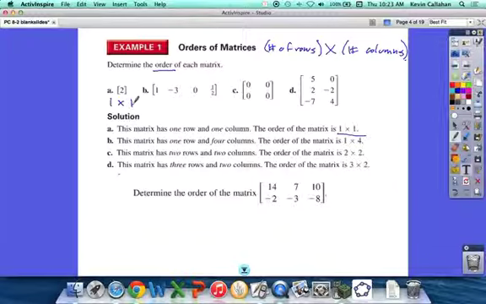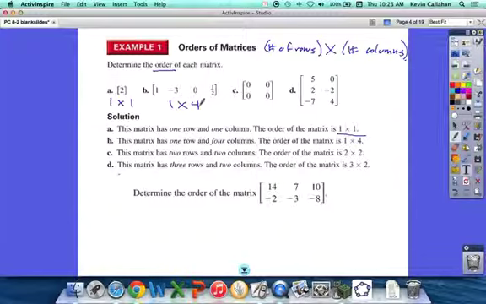And if you had this before somewhere else, they might have used the term dimension, because that's actually what I'm more familiar with, calling it the dimensions of a matrix. But it's the same thing, order or dimension. This next one here, how many rows, how many columns? 1 row, 4 columns, 1 by 4. How about letter C?